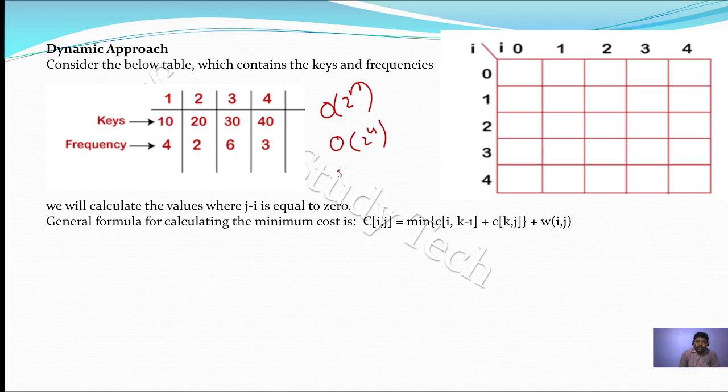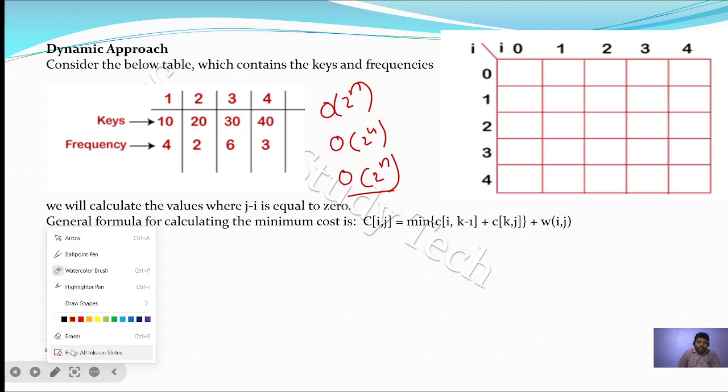By trying all these possibilities among all those binary search trees you can find the optimal one, but it takes much more time. So instead of that, you can find the optimal binary search tree by using the dynamic programming approach.